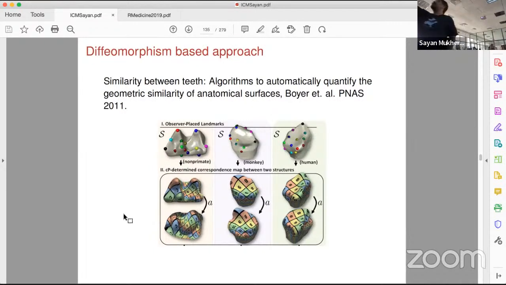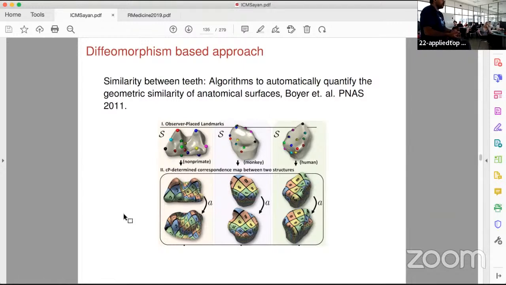So there's this other approach where you take observer-defined landmarks, you put little disks around them, and then you flow them from one shape to another shape, and you solve that variational problem. How much does it cost to move from one shape to the other? I'll come back to this later on.